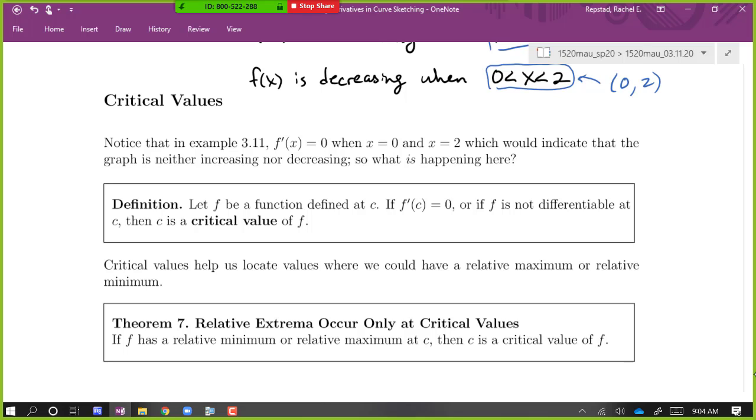What's useful to know about critical values is that if I'm looking for a maximum or minimum, those extreme values can only occur at a critical value. It doesn't mean that every critical value corresponds to an extreme value, a maximum or a minimum, but it means that if I have a maximum or a minimum, it will occur at one of those values. So it gives me candidates to check.